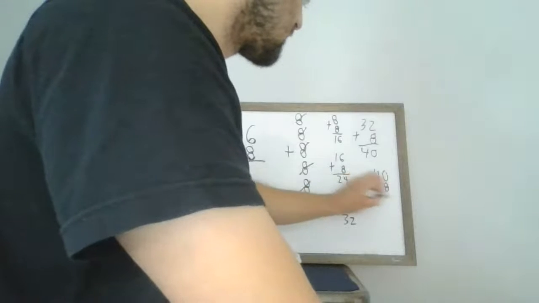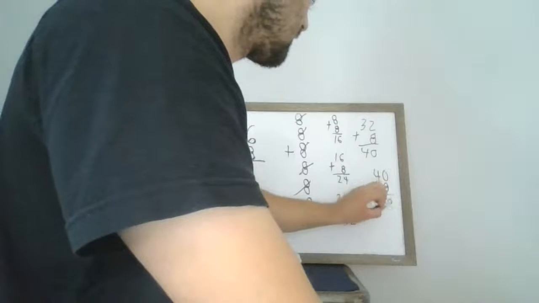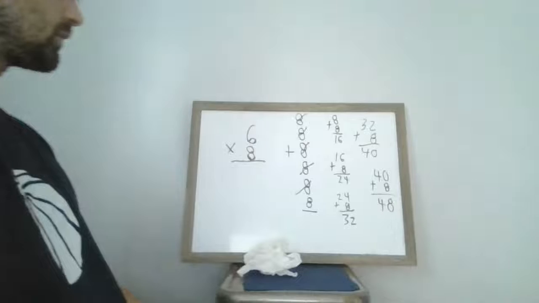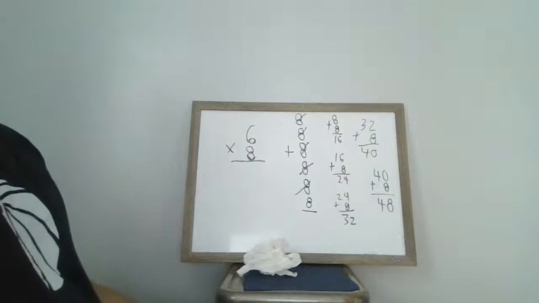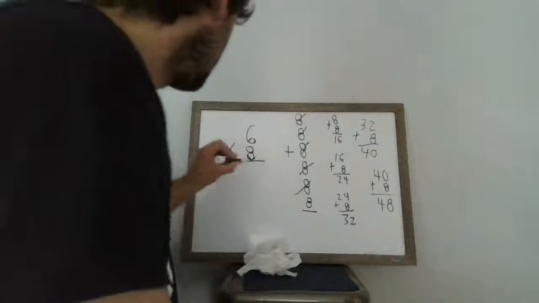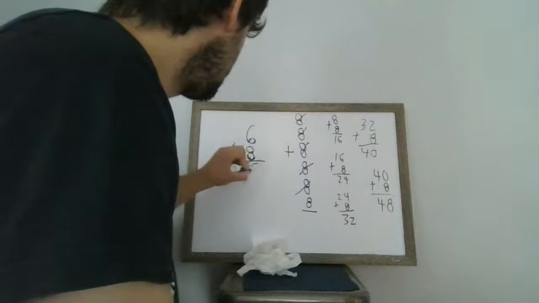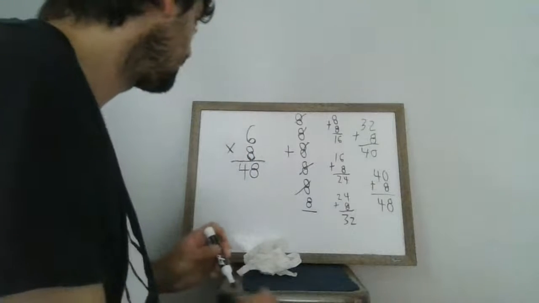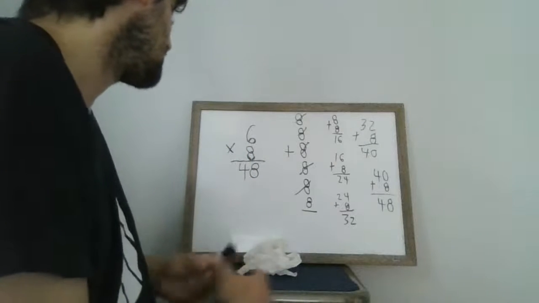And then 40 plus 8 equals 48. 6 times 8 equals 48.